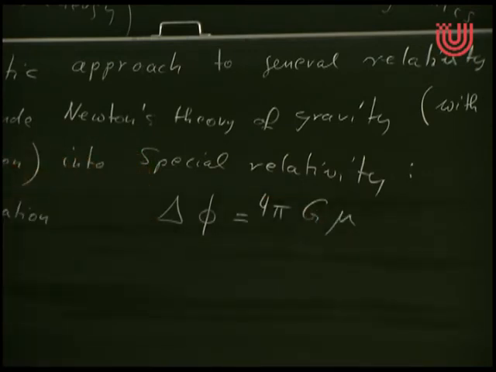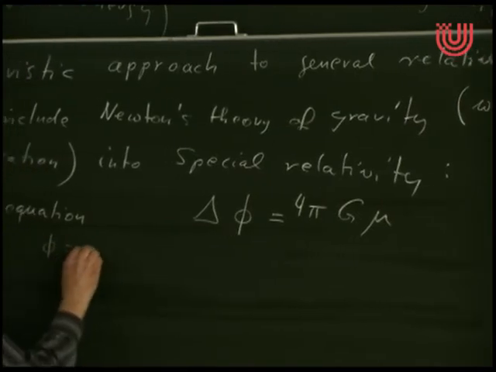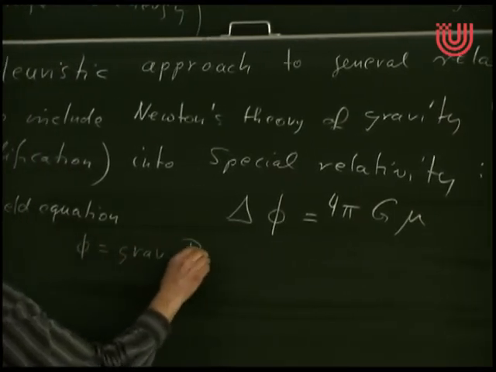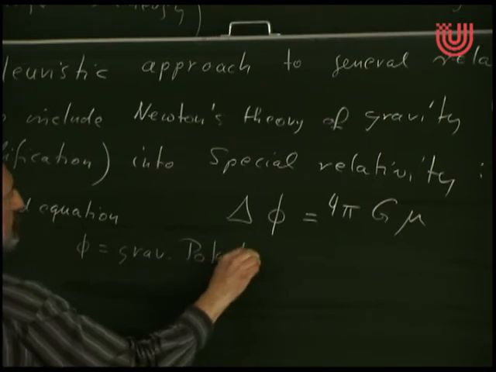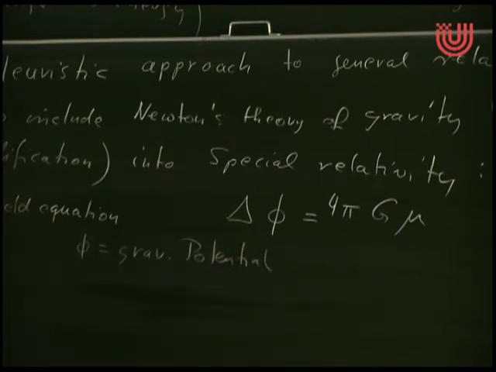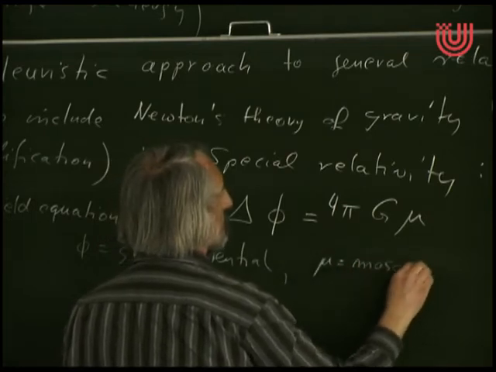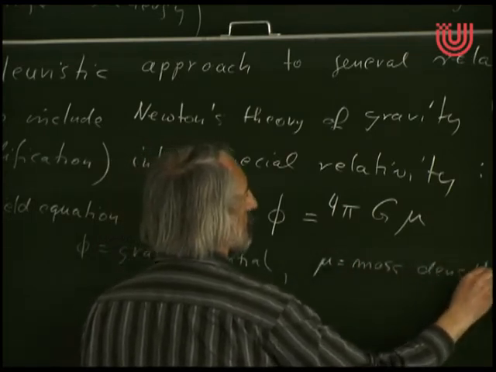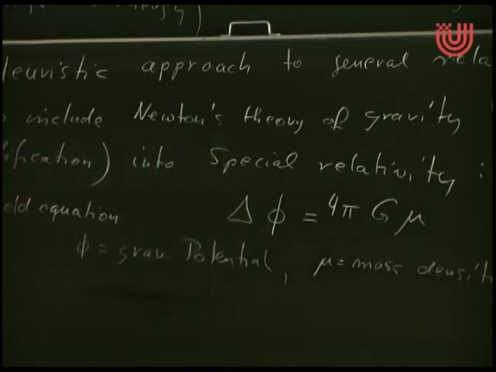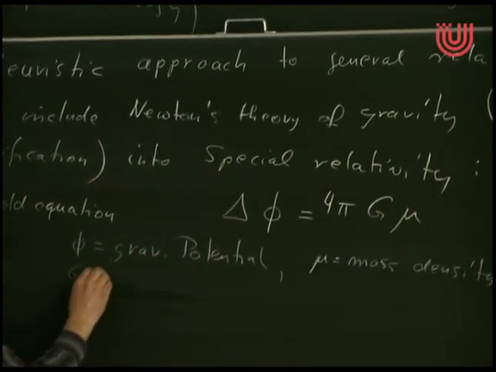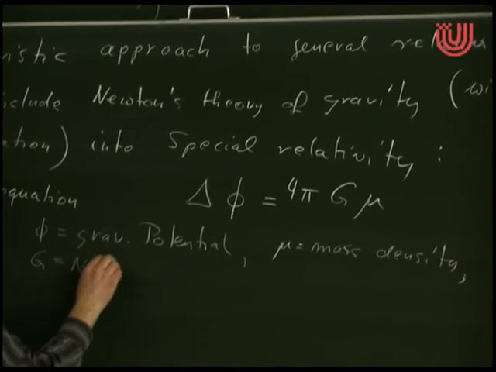So what are the symbols? Phi is the gravitational potential. In Newton's theory, the gravitational field will be described by a potential. Mu is the mass density. What else do we have? G is the gravitational constant, Newton's gravitational constant.